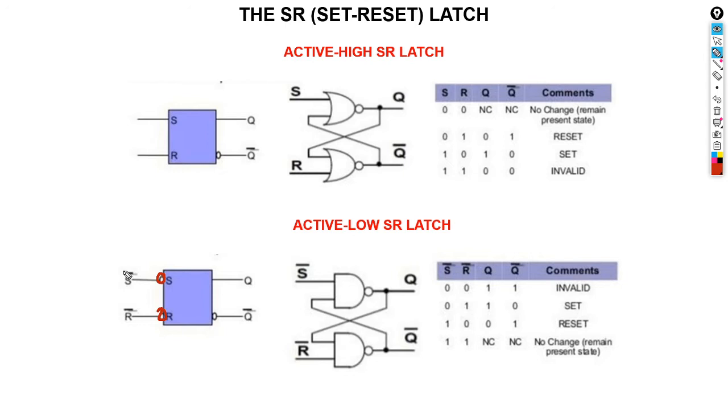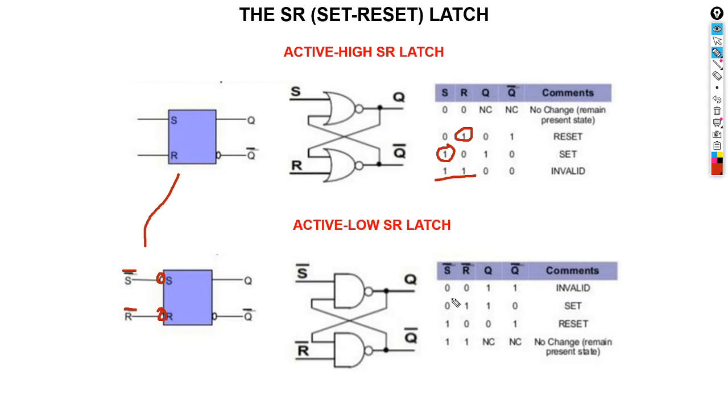This bar on the S means inverse. Can you see that? The difference between the two is that with an active high, when you have a 1 on reset, you reset. When you have a 1 on set, you set. When you have 1 1, it's invalid. But now because we have this circle here, it means we're going to do the inverse.